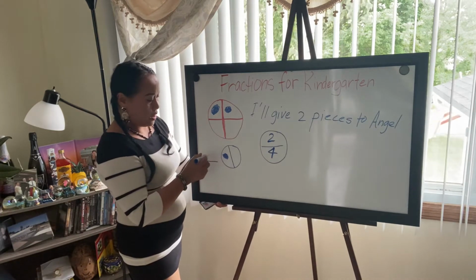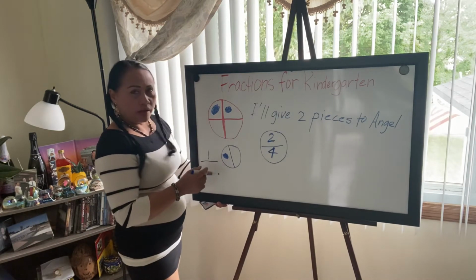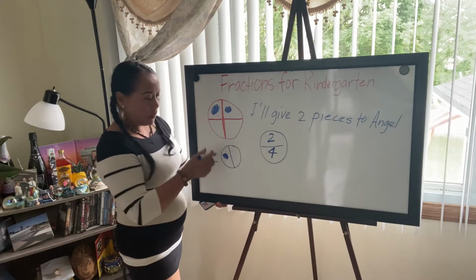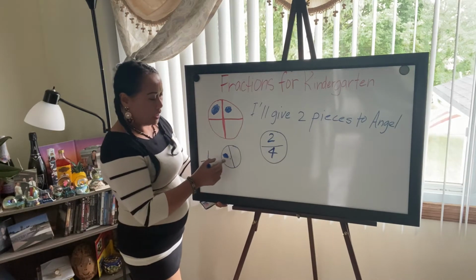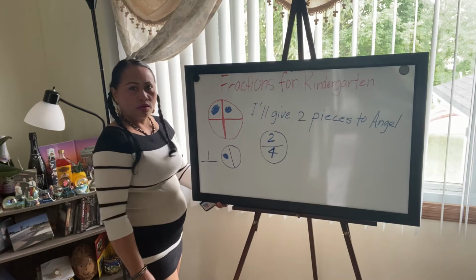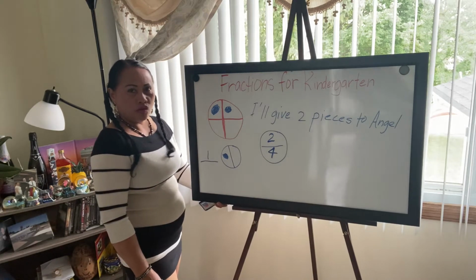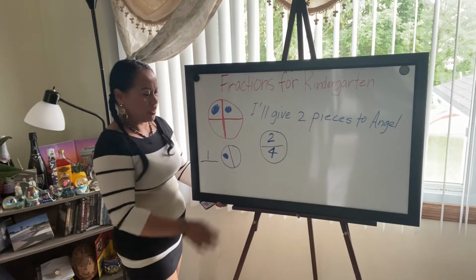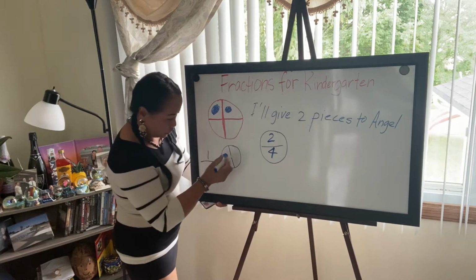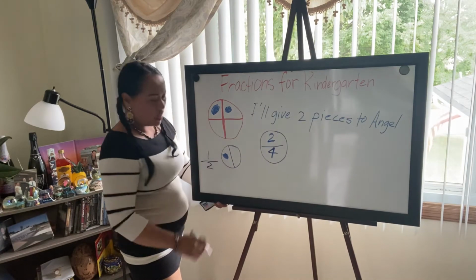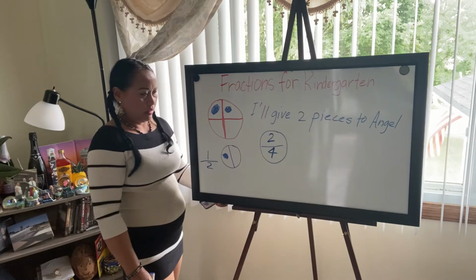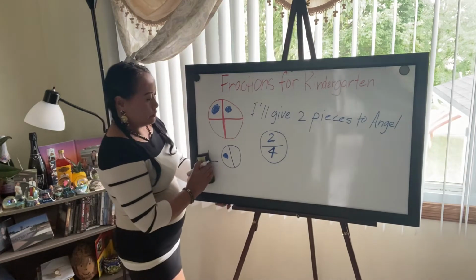There is only 1, so 1. And then after that, you count all the parts. 1, 2. You count all the shaded part and not shaded part. You count all the parts, okay? 1, 2. So 1/2. It is very simple.